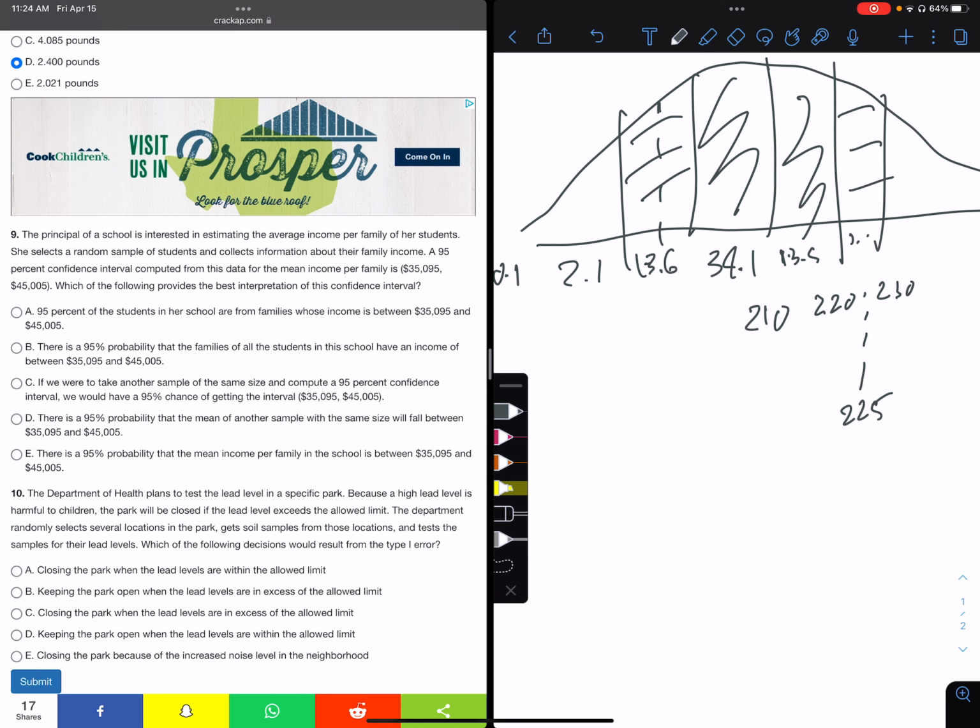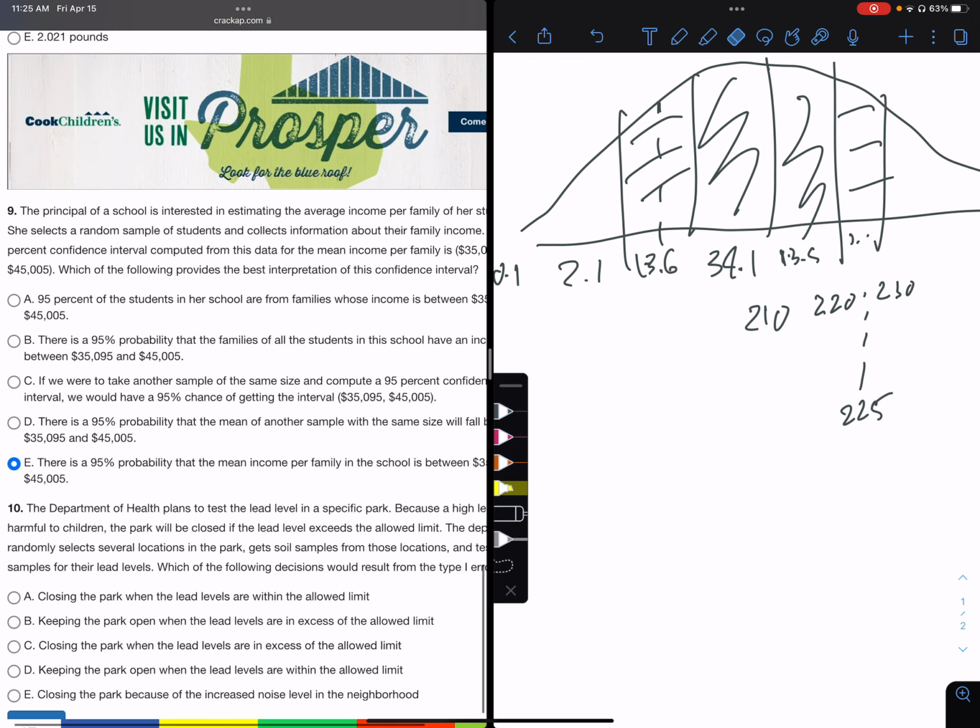Which of the following provides the best interpretation of this confidence interval? 95% of the students in our school families, there is a 95% probability. There's a 95% possibility that the mean income per family in the school is between.